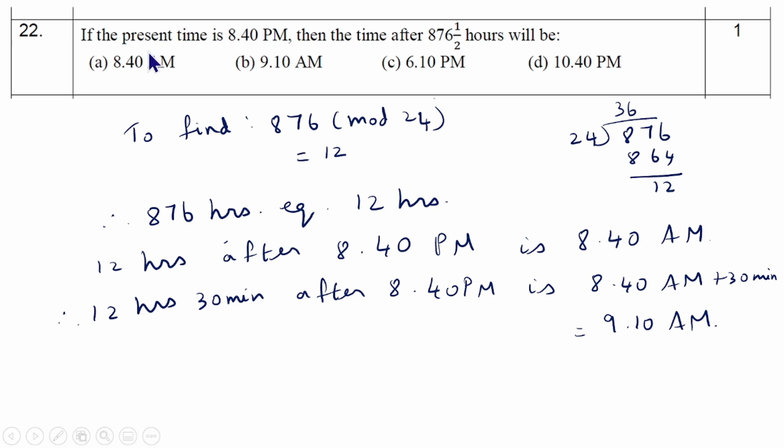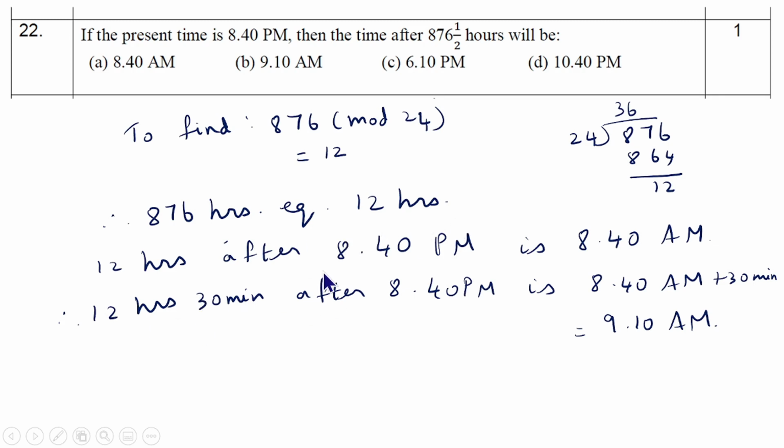So here it is given, if the present time is 8:40 p.m., we need to find the time after 876 and half hours. So first we are finding 876 mod 24. So we get 876 mod 24 as 12. It means 876 hours is equivalent to 12 hours.